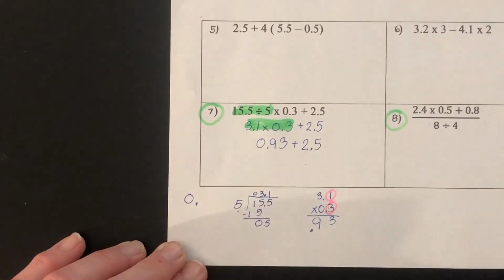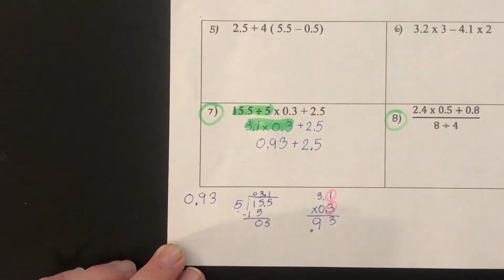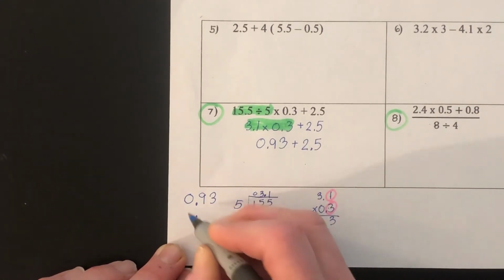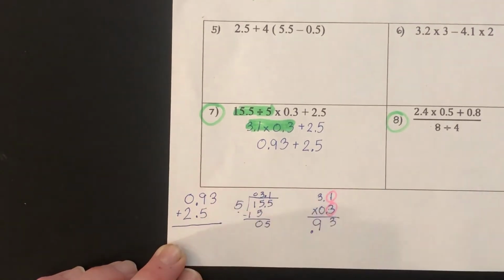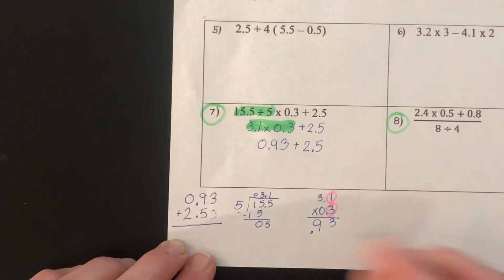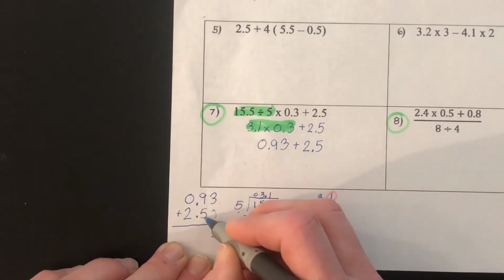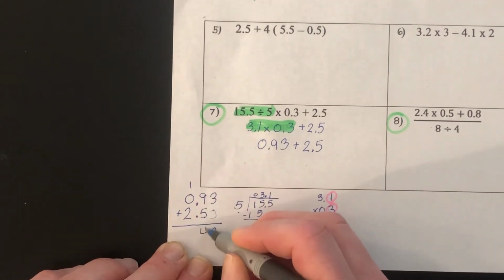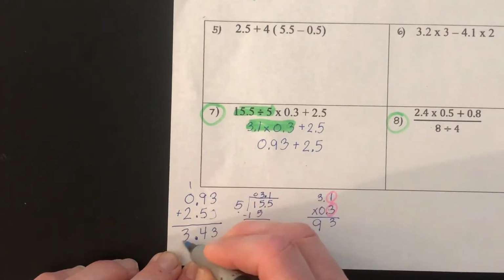So let me add those up. Remember, with addition and subtraction, you have to line up your decimals. So 2 5/10. That'd be 3 plus 0 is 3. 9 plus 5 is 14. Bring down the decimal, 3.